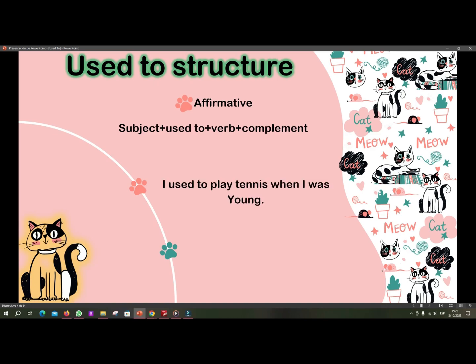Okay, for example, I used to play tennis when I was young, right? So subject used to, and if you notice there, you have the verb in the base form. Okay, so also if you want, you're gonna say when I was young, when I was a teenager, when I was 10 years old, etc. Right?